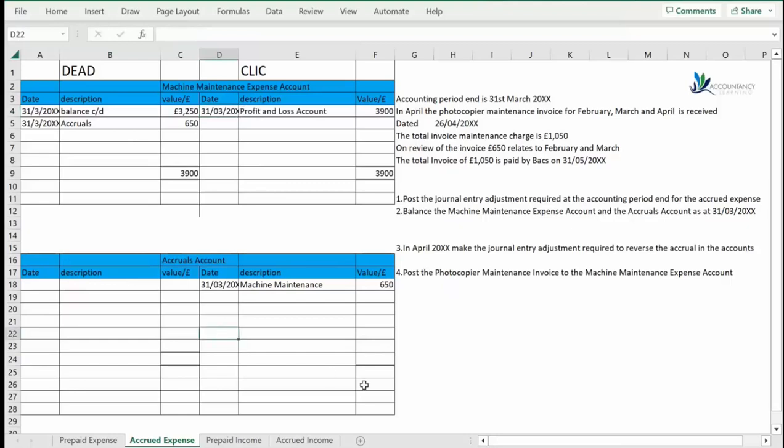And the accruals account, we add up the larger side, take that across, and that will give us a balance carried down reflecting the accrual carried forward on the 31st of March.